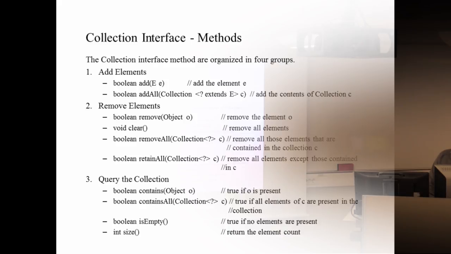The first group is adding elements. The first method is add(E). It's as simple as the name says: it adds the input parameter E into a collection and returns true or false. If the item is successfully added, it returns true, otherwise it returns false.